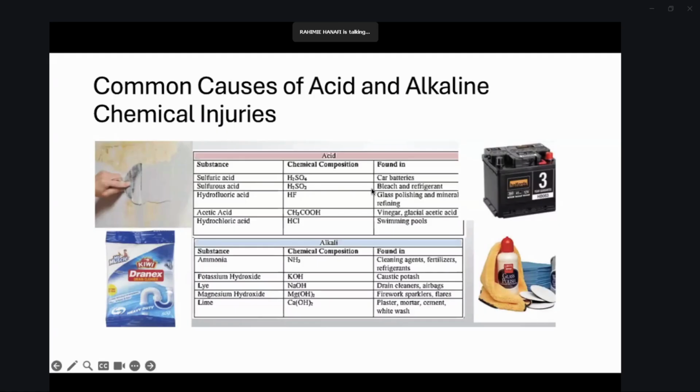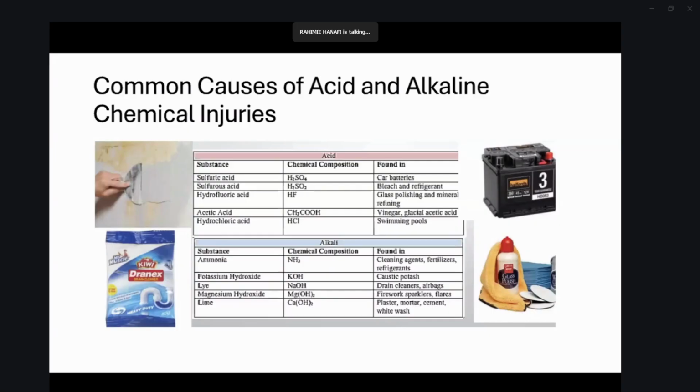Most of the time, acids come from car batteries, bleach, vinegar, and sometimes from swimming pools.